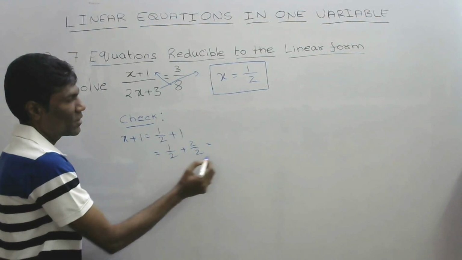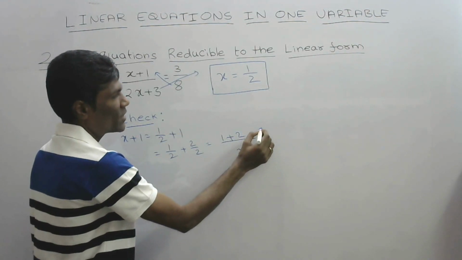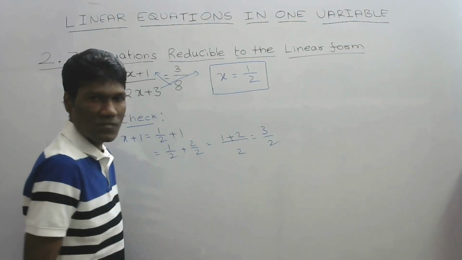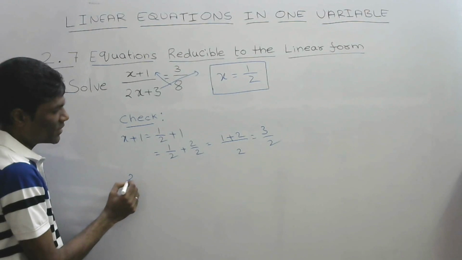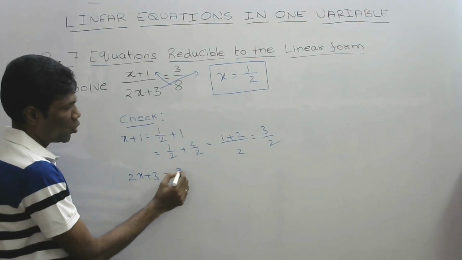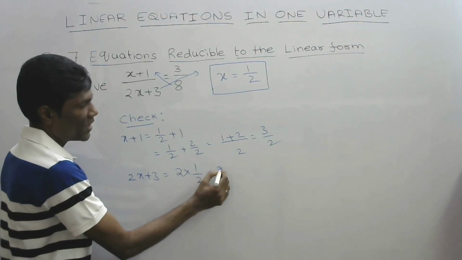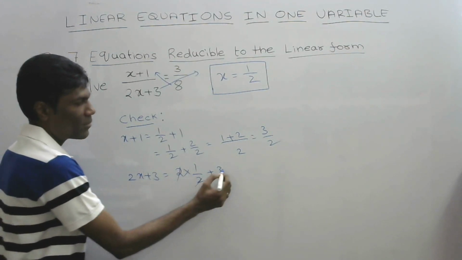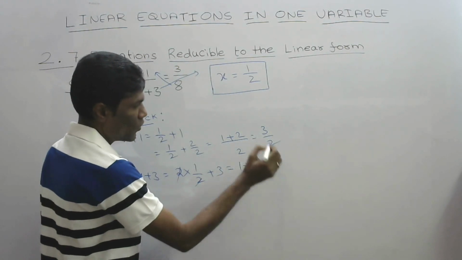That is 2 as LCM. 1 plus 2, that is 3 by 2. Now, denominator 2x plus 3, that is 2 into x, 1 by 2 plus 3. 2 get cancelled, remaining is 1 plus 3, that is 4.